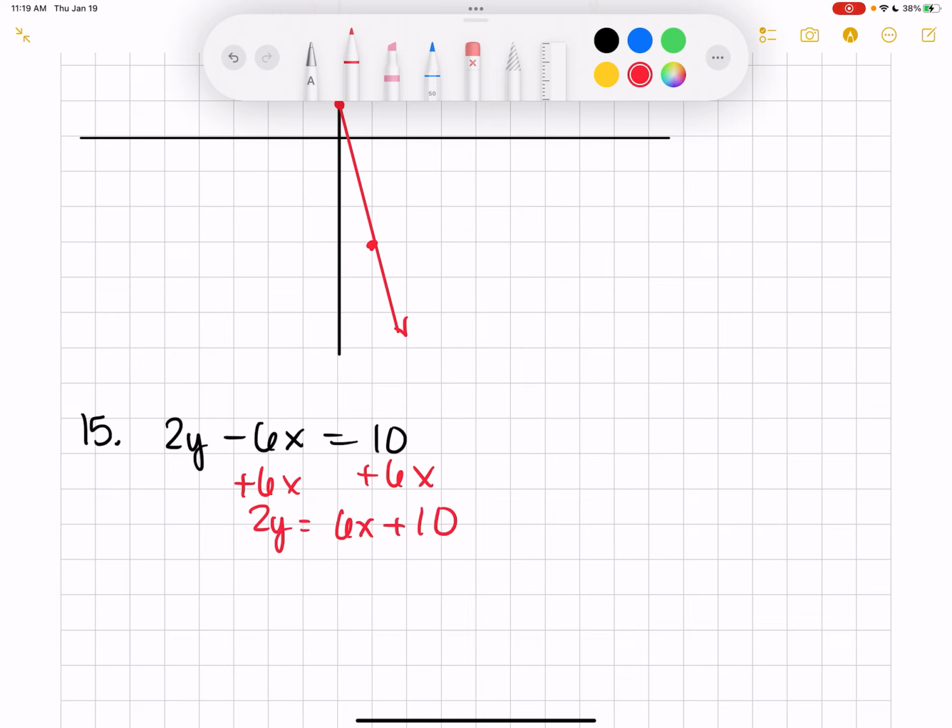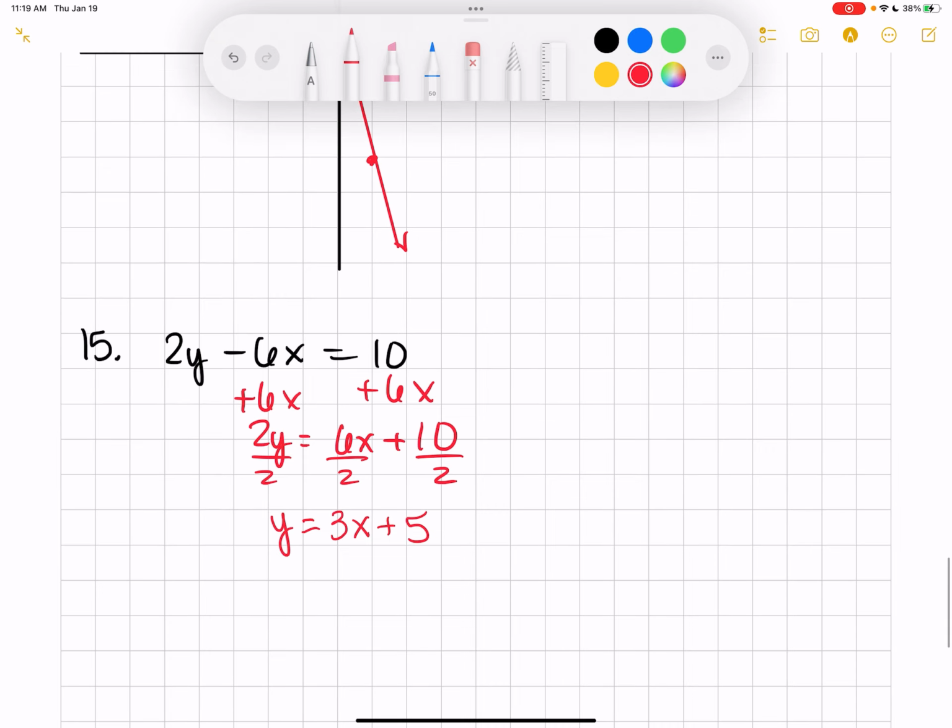And then now what? Divide by 2 from everything. So y is equal to 6 divided by 2 is 3, so 3x, plus 10 divided by 2 is 5. So this is the equation I'm going to use, y equals 3x plus 5.